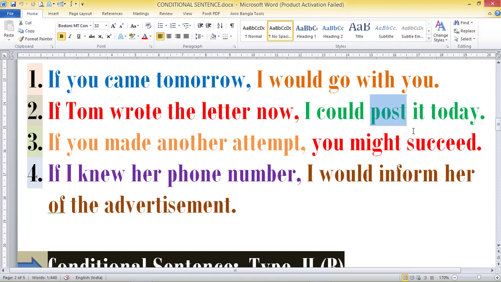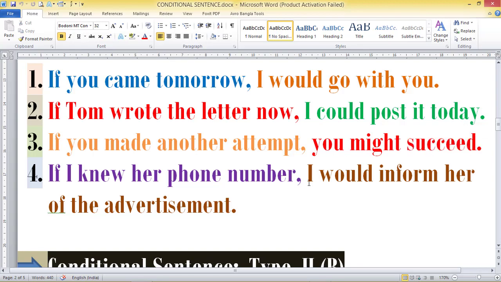Next, let's go to the third sentence. If you made another attempt, you might succeed. Here, if you observe, you'll come to know that in the if clause we have used past indefinite, unreal past, and in the main clause we have used after the subject might plus present infinitive, that is the first form of the verb, to indicate possibility.